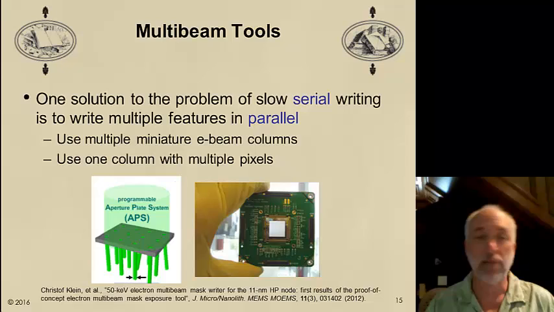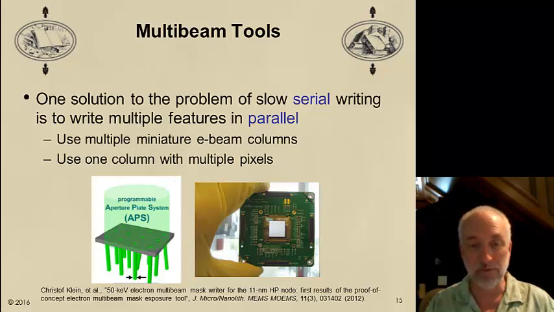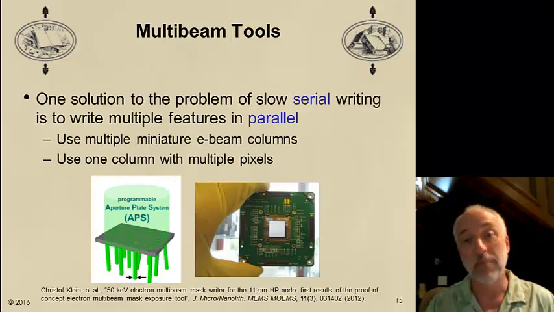So, for example, I might have 512 by 512 individually addressable beamlets. I then can do a reduction with the optical system of my column, say, 200 times. And now I've got 512 by 512 individual pixels all writing in parallel. And that can make things faster.